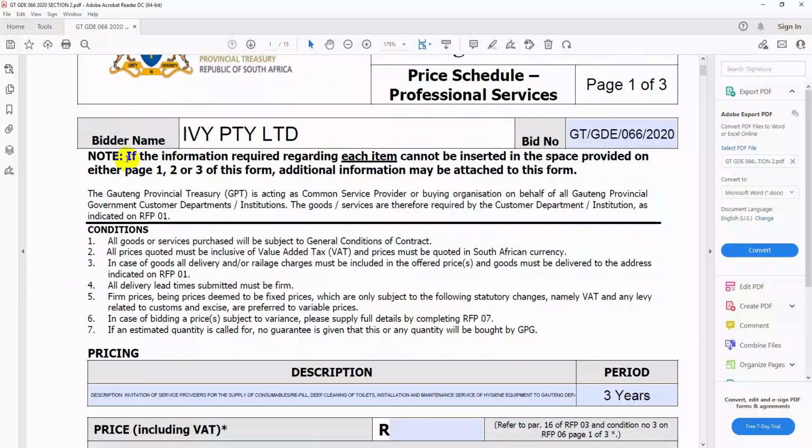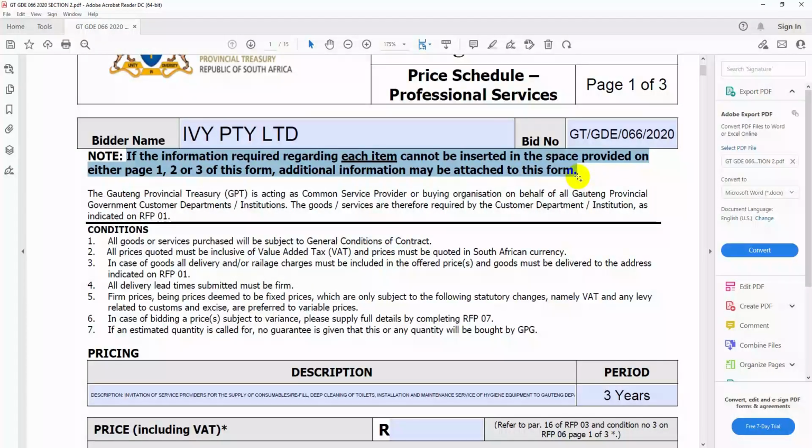And the note: if the information required regarding each item cannot be inserted in the space provided on either page 1, 2, or 3 of this form, additional information may be attached. So you are allowed to attach, maybe make annexures, put them nicely, just clearly indicate what this information is. If it's an addition to page 1 because the space was too small, your information could not fit, you can just attach them nicely.